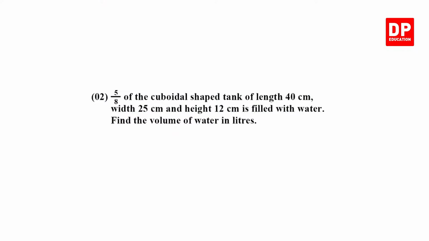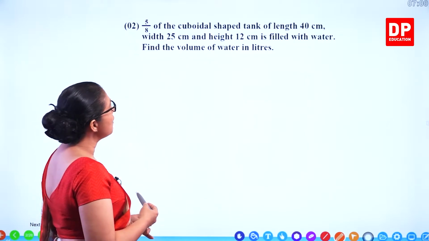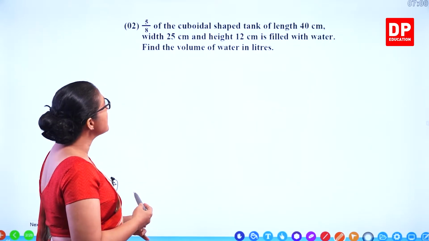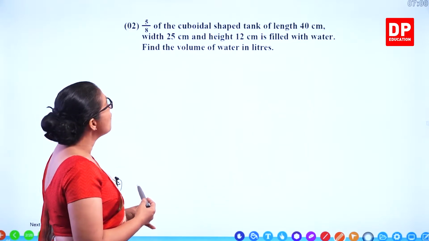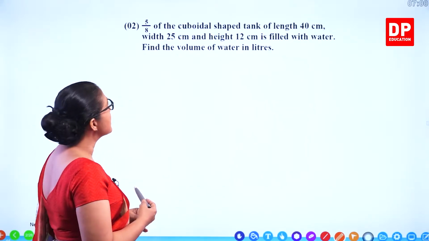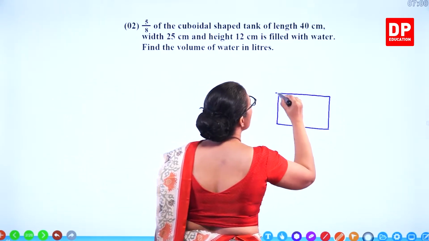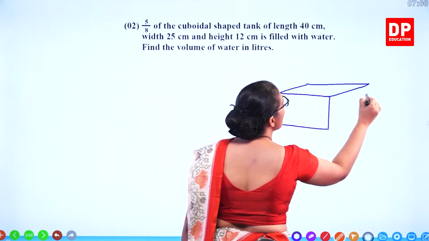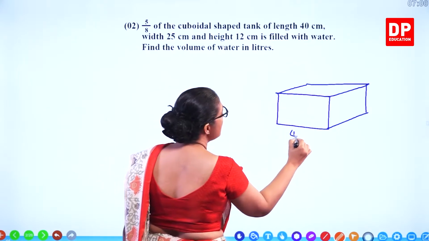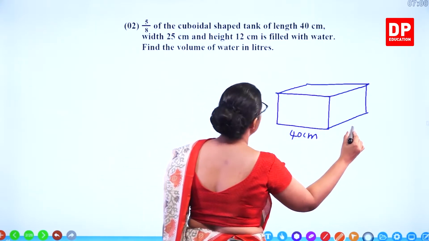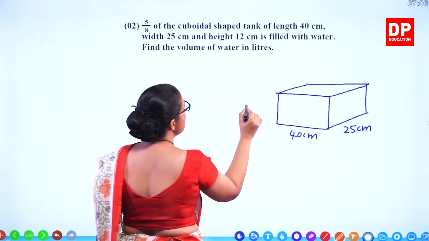Question number 2. 5/8 of a cuboidal shaped tank of length 40 cm, width 25 centimeters and height 12 centimeters is filled with water. Find the volume of water in liters. So when you take a cuboid, you get length, that's 40 here, width is 25 centimeters and the height is 12 centimeters.